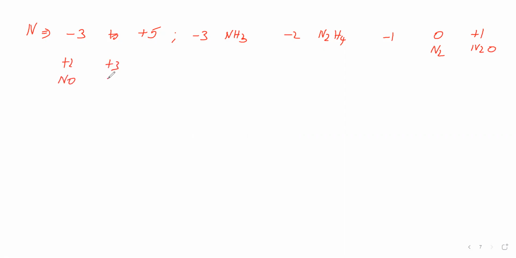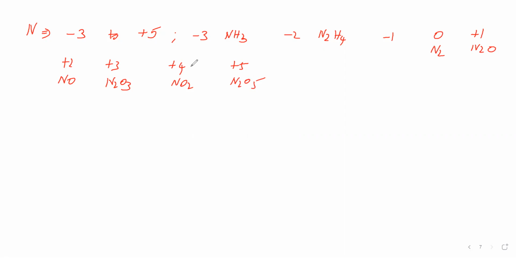Nitrogen shows oxidation states from -3 to +5. -3 is possible in ammonia, -2 in hydrazine, -1 in hydroxylamine, 0 in N2, +1 in N2O, +2 in NO, +3 in N2O3, +4 in NO2, and +5 in N2O5.